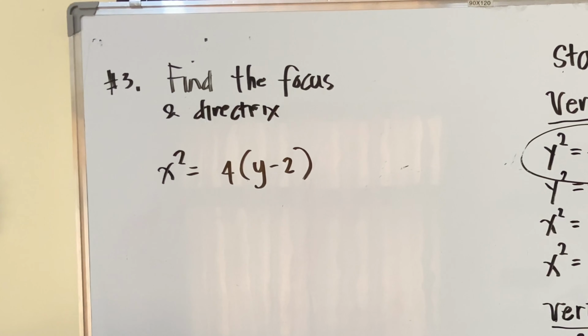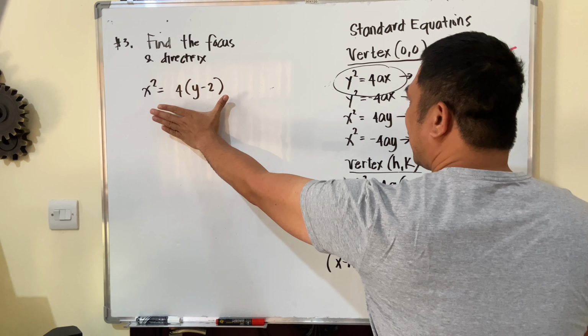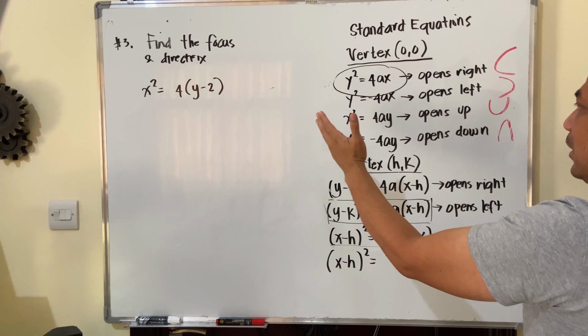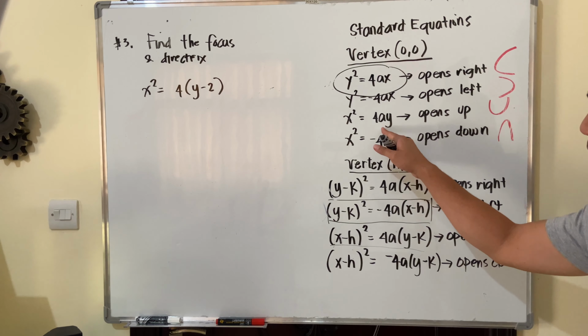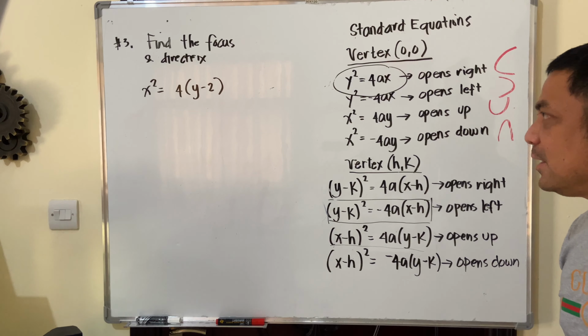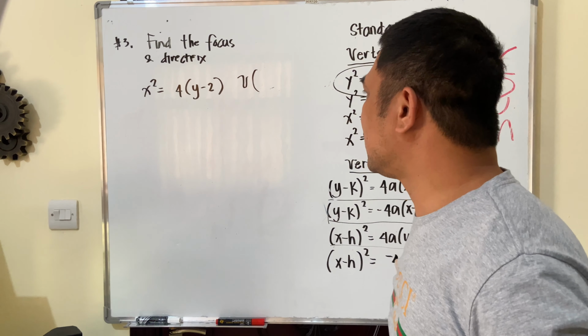x² = 4(y - 2). We are asked to find the focus and the equation of the directrix. If we relate it to our standard equation, it's a combination of the standard forms. Let's identify our vertex.